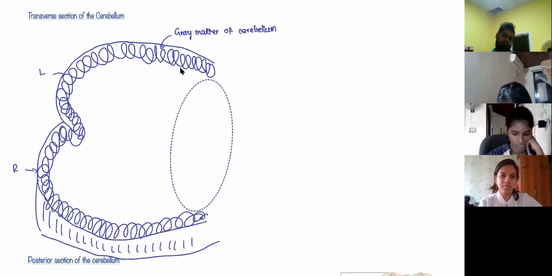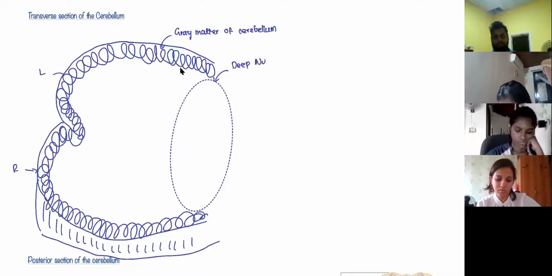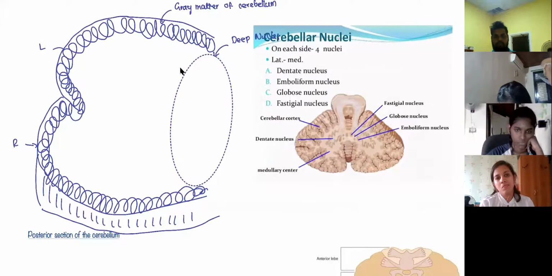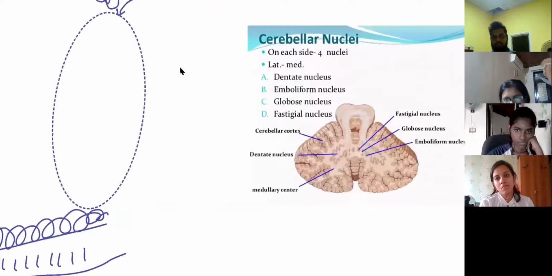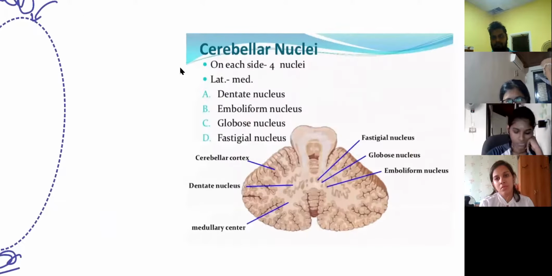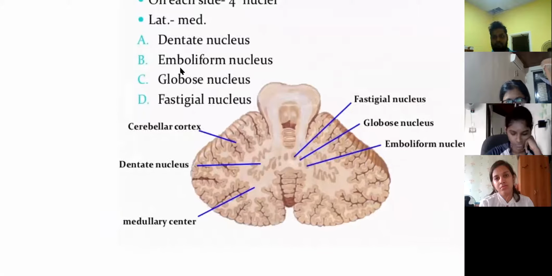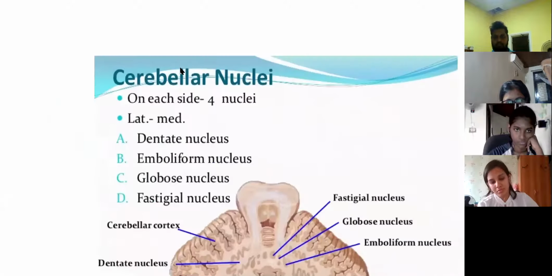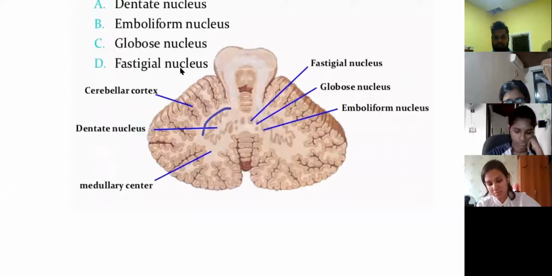And we have the deep nuclei. Guys, this is what we're going to draw now. We are going to learn the nuclei. You can see this is the cerebellar cortex.